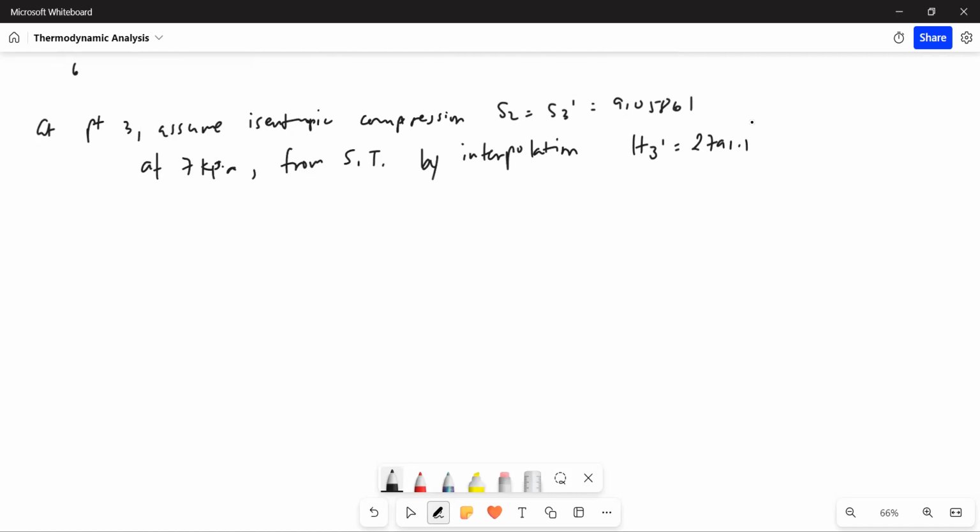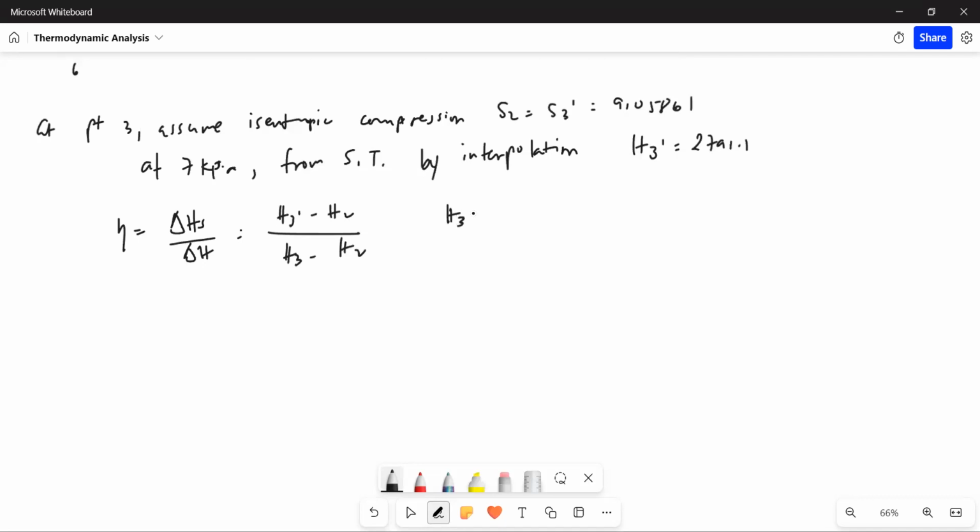However, we need H3 actual. For a compressor, the efficiency is delta H isentropic over delta H actual. So this is H3 prime minus H2 over H3 actual minus H2.